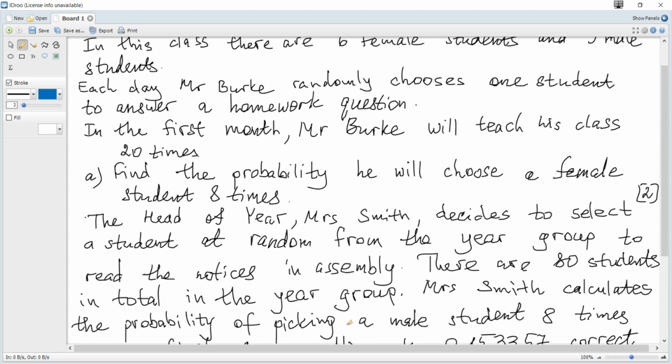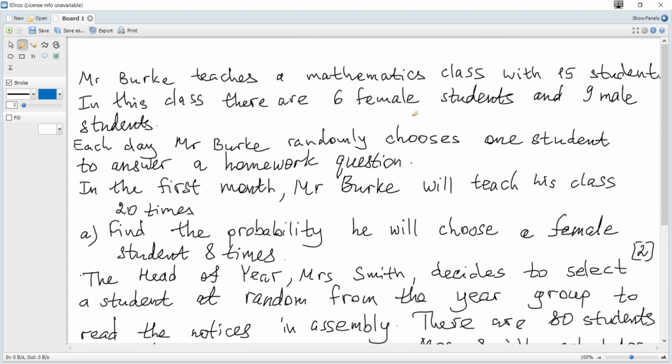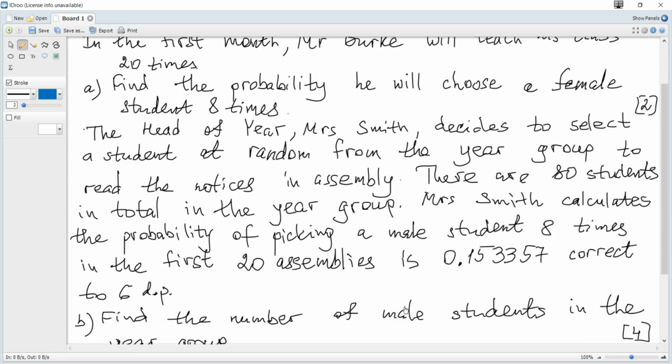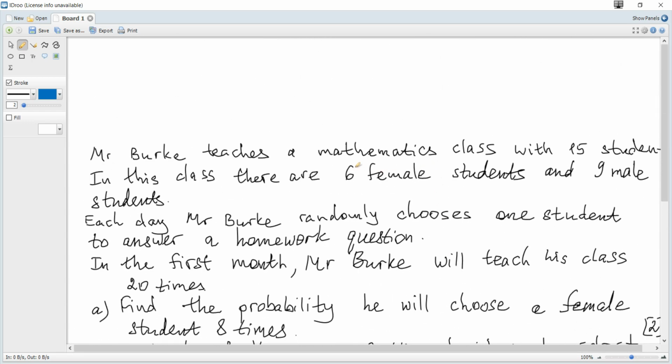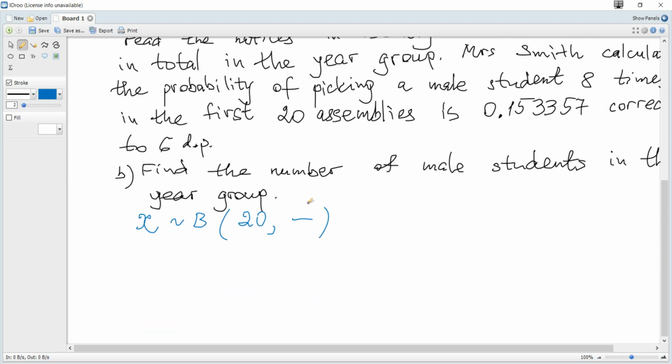So the probability to choose a female student is, since there are 15 in total, 6 female, 9 male, just 6 out of 15. It can be simplified, but it doesn't matter because we will calculate it with the calculator.